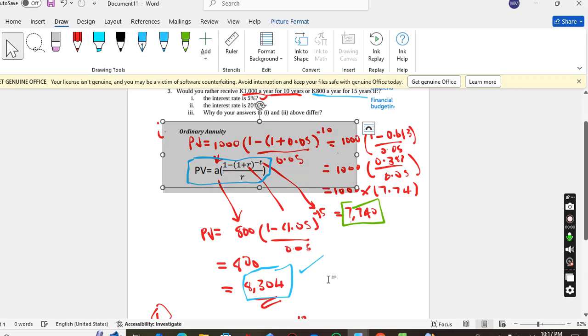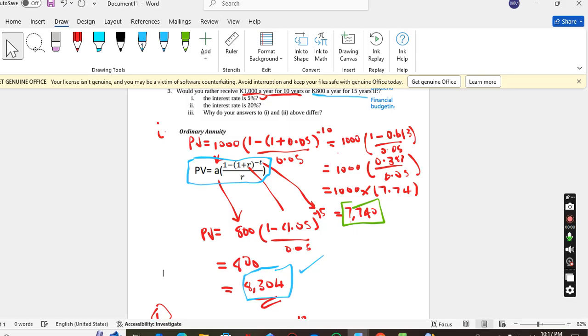If the discount rate is low, accept the longer stream of cash flows.